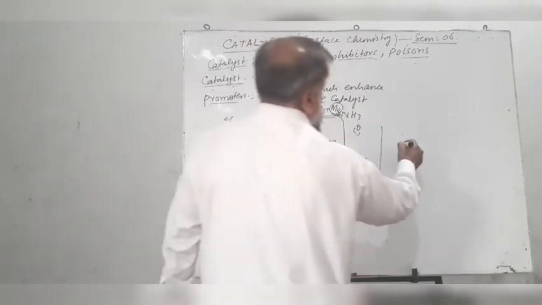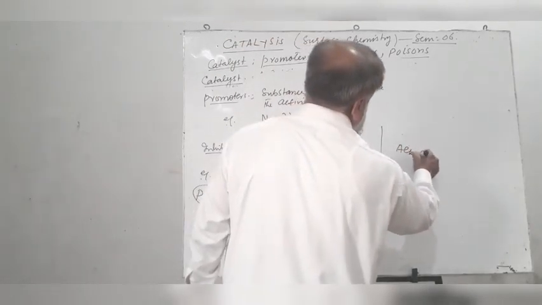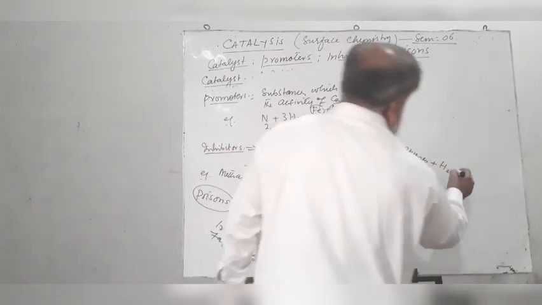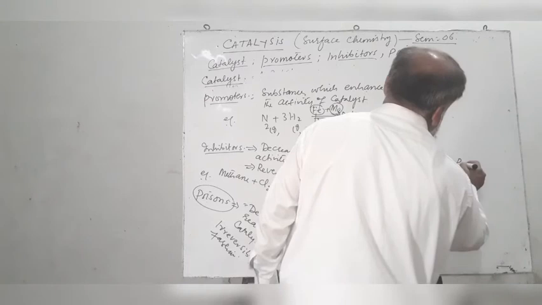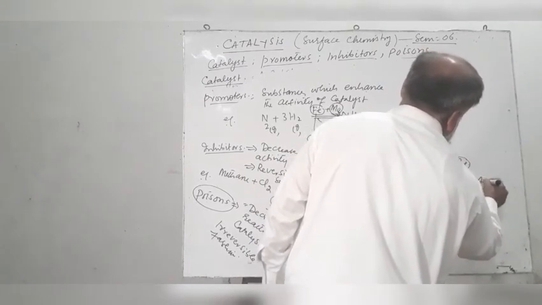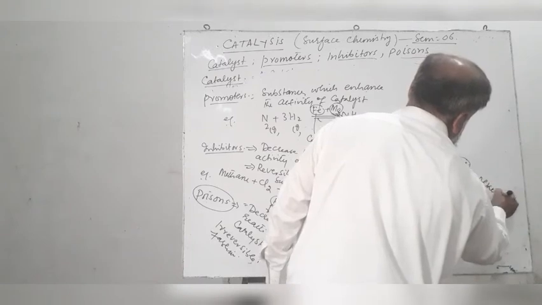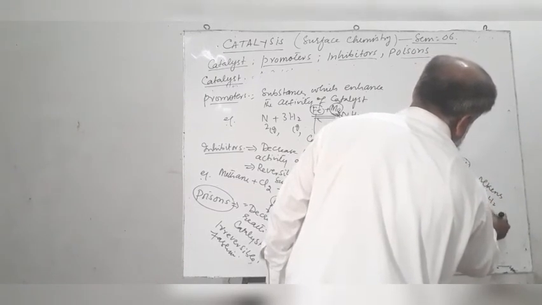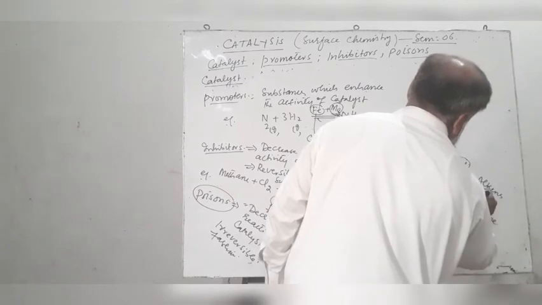For example, alkynes can be hydrogenated in the presence of palladium catalyst to produce, in the first step, alkenes, and then further hydrogenation will lead to the final product, which is alkane.